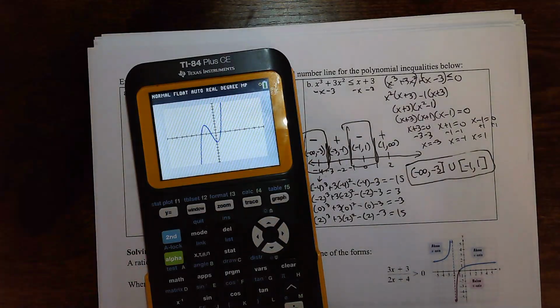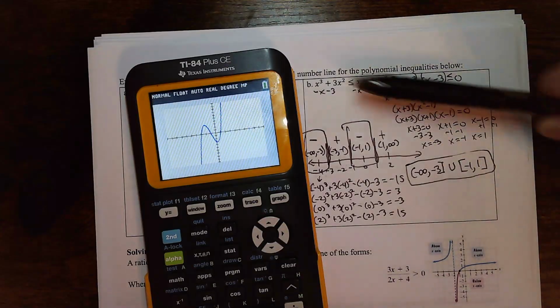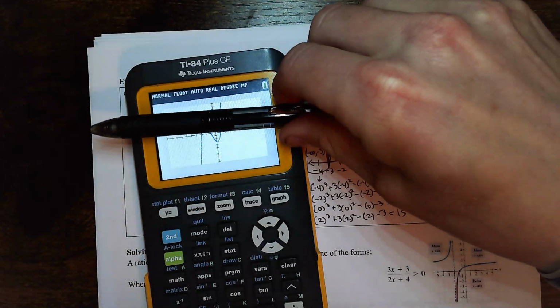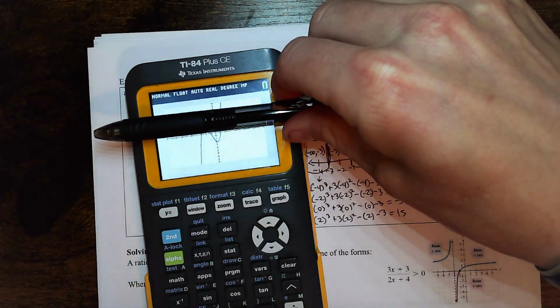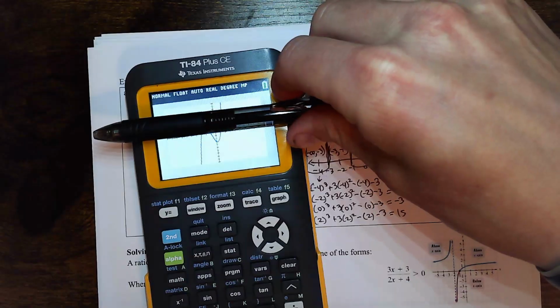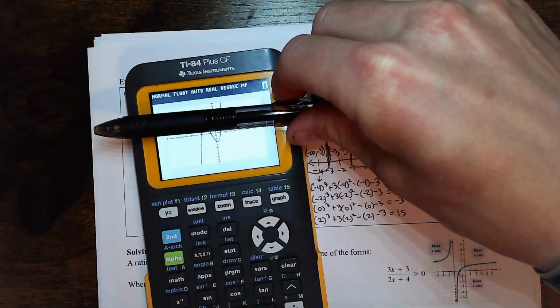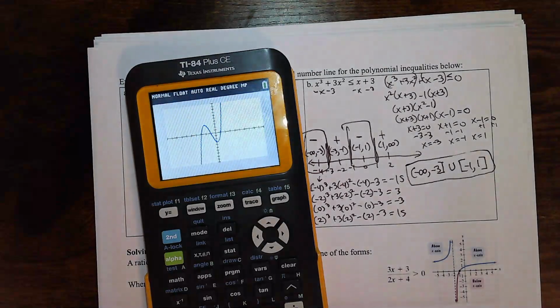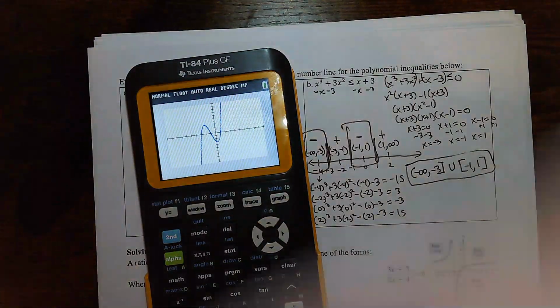To be less than or equal to 0, what I'm asking, when I have this less than or equal to 0, is for what intervals of x, what values of x, is your y less than 0? So less than 0 means I'm below the x-axis.